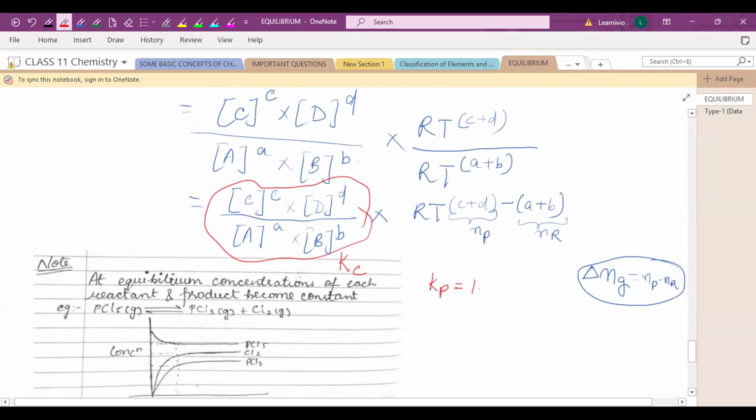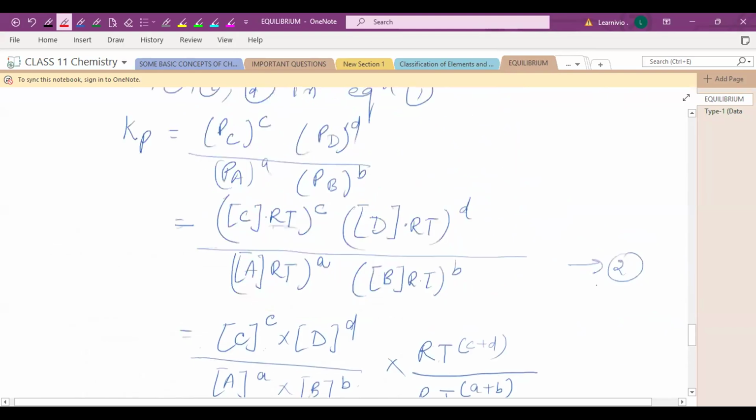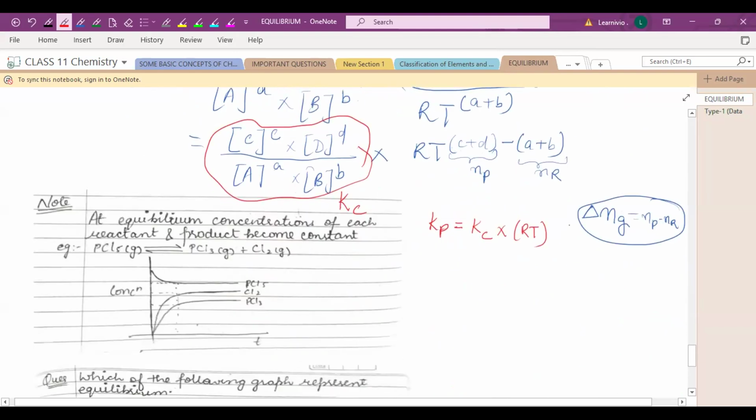So Kp is equal to Kc multiplied by RT. And how will you write this power? This is Np minus Nr. So what is Np minus Nr? Delta Ng. So you will write it raised to the power delta Ng. This is the fourth equation.